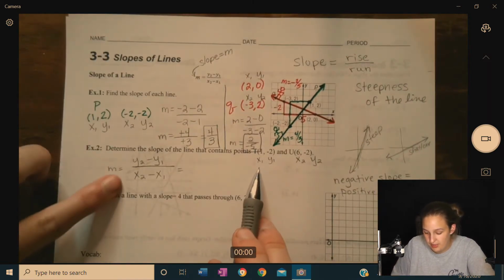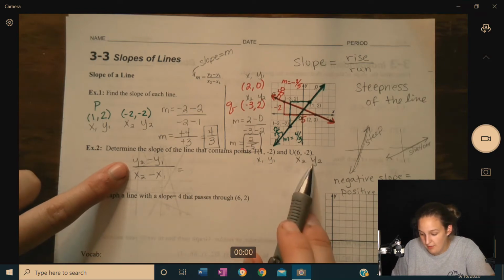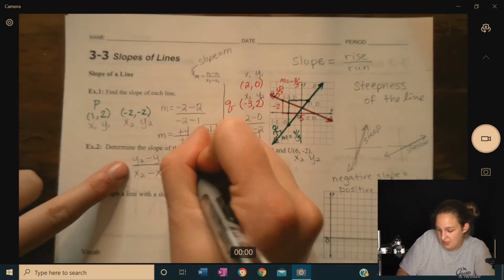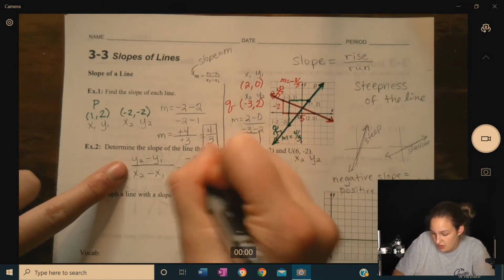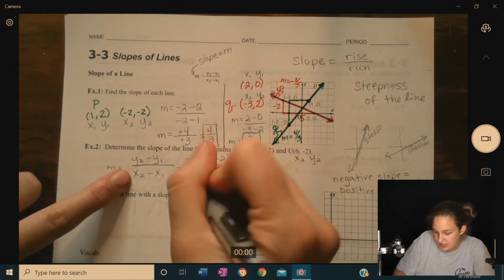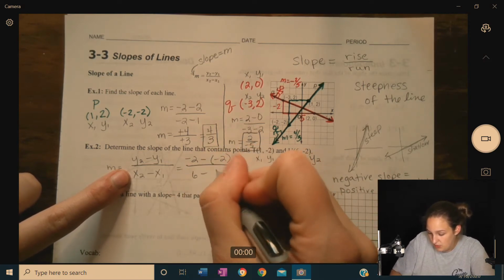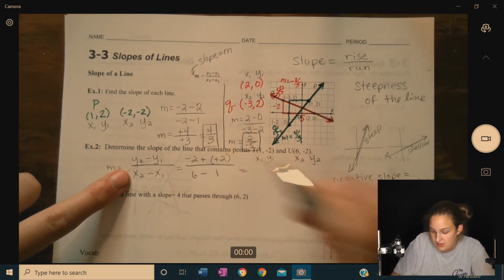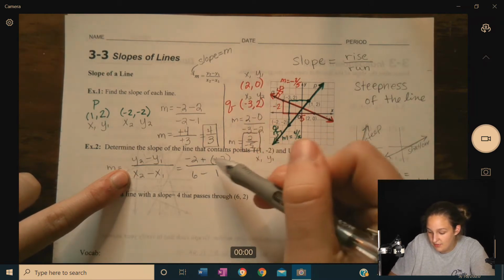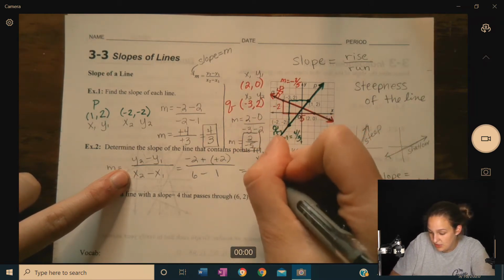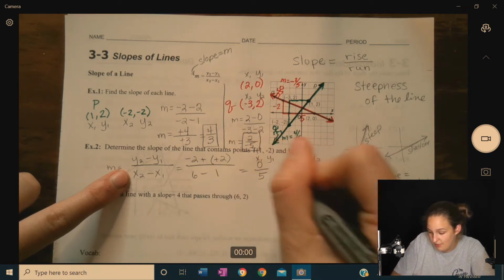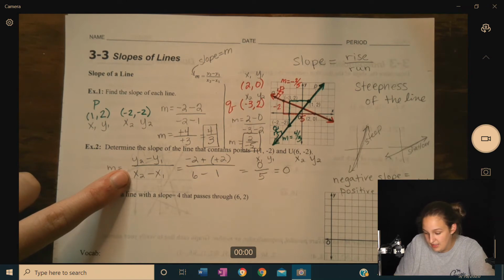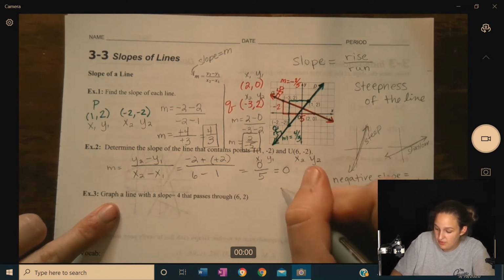All right, so from the second point, we have y2, which is -2, minus y1, which is a -2, all over x2, which is 6, minus 1. The negatives cancel and become a positive, so we have -2 plus 2, which is 0, over 6 minus 1, which is just 5. Well, 0 divided by 5 is 0. So this one has a slope of 0.